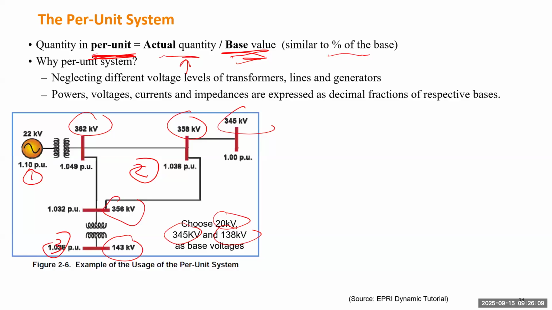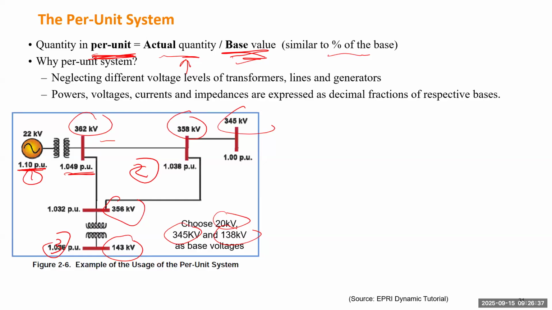So you see if the generator operates at 1.1 per unit, which means if 20 kV is its nominal voltage, this generator right now is operated slightly higher than nominal voltage by 10%, which may not be bad. So the generator has this capability to control the voltage. After the transformer, this substation will have about 4 to 5% higher than nominal value.